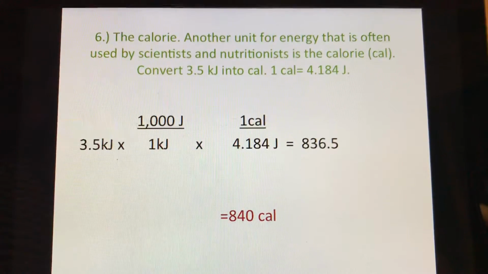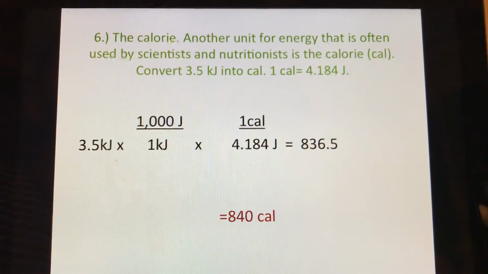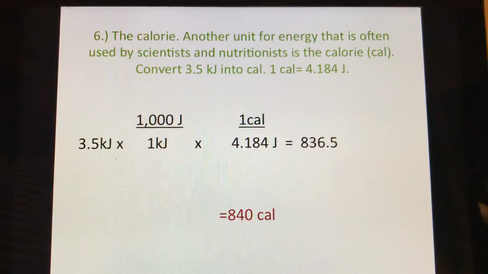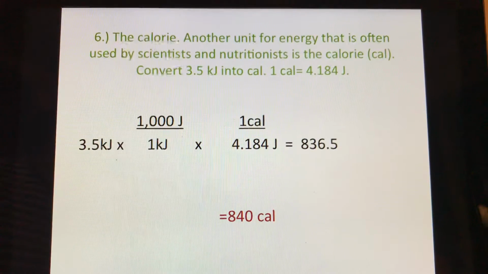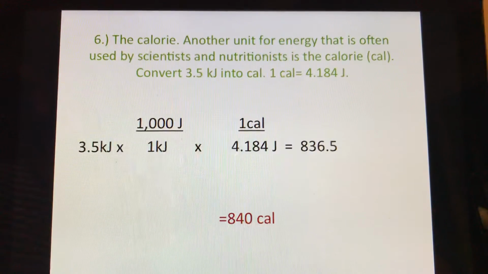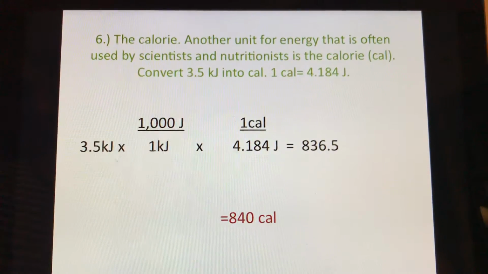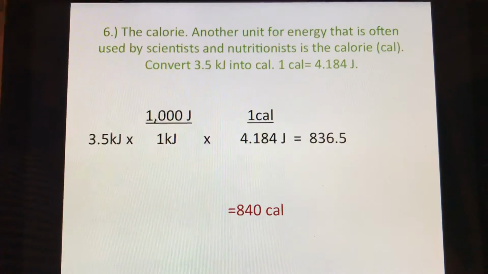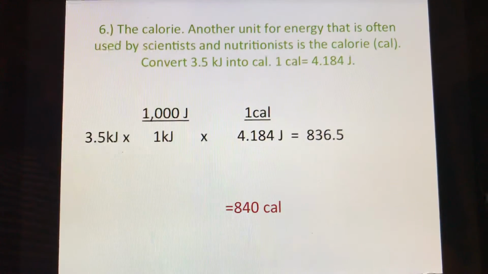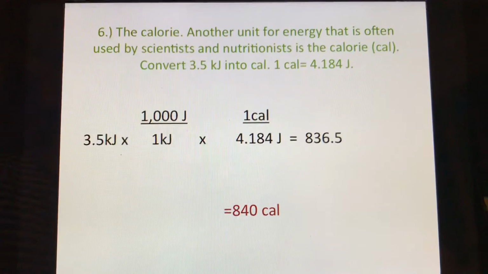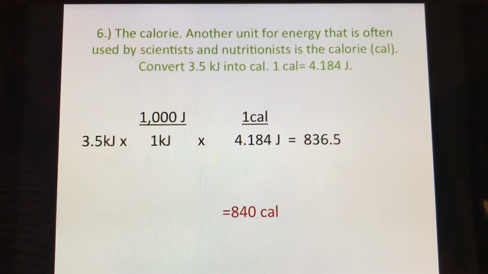For number 6, another unit for energy that is often used by scientists and nutritionists is a calorie. For this, we're going to convert 3.5 kilojoules into cals, knowing that 1 cal is equal to 4.184 joules. So we set up our equation like this. 3.5 kilojoules times what we know already, 1,000 joules is equal to 1 kilojoule.